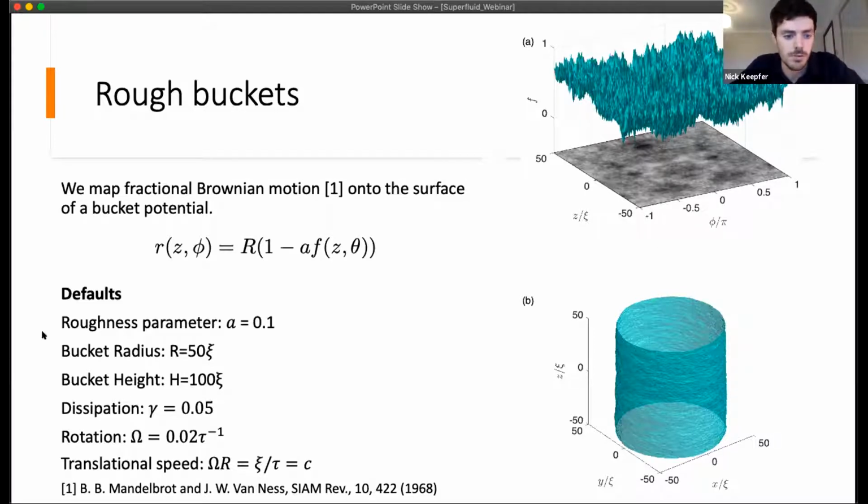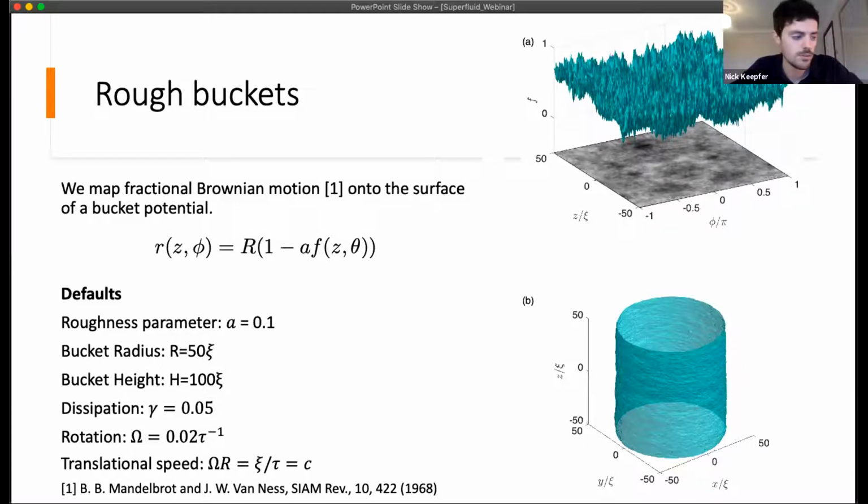So these are some default parameters we use for our simulations. We're about to change some of these, so just before we start doing some parameter sweeps, let me introduce them first. A typical bucket radius we use is 50 healing lengths. The bucket height is 100 healing lengths. We introduce a small dissipation value, and then we engineer the translational speed of a feature on the rough boundary to go across the fluid at speed c.